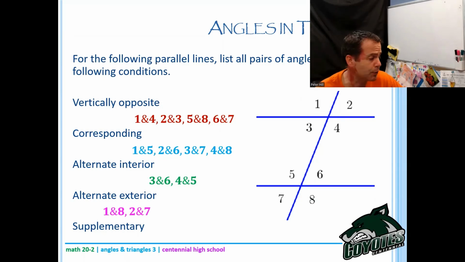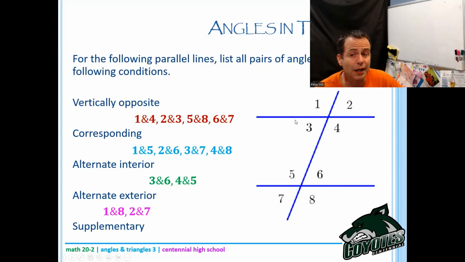Finally, supplementary. There's actually a lot of supplementary angles here. The first thing I'm going to do is just go horizontally, and then I'll go vertically. So I've got 1 and 2 could be supplementary, 3 and 4, 5 and 6, or 7 and 8. I could turn my orientation the other way though and say, okay, look at this though. 1 and 3 also are supplementary because they form this line, or 2 and 4, 5 and 7, 6 and 8.